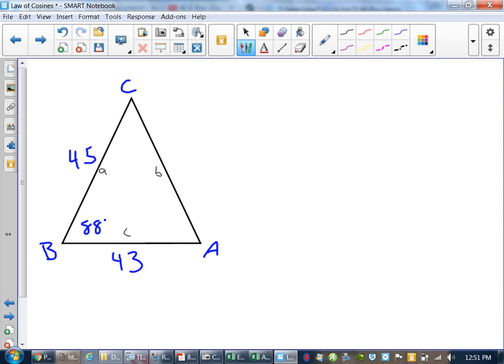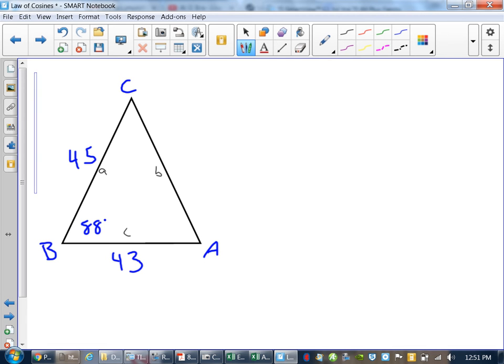You know angle B, so it's forcing you to find side b. The reason is that if you have angle B, that means you have sides a and c, which forces you to find that side. So of these three versions of the formula, which one are you going to use? The second one, the one with b squared and the angle B in it.